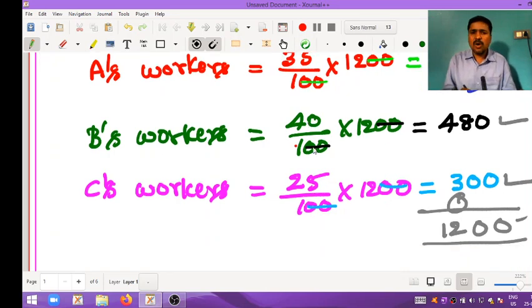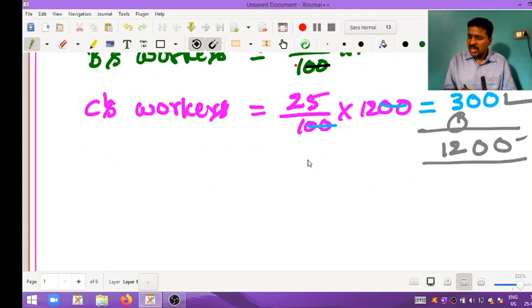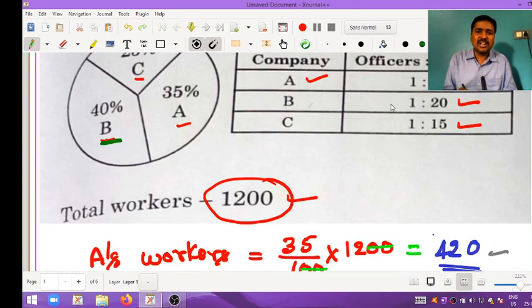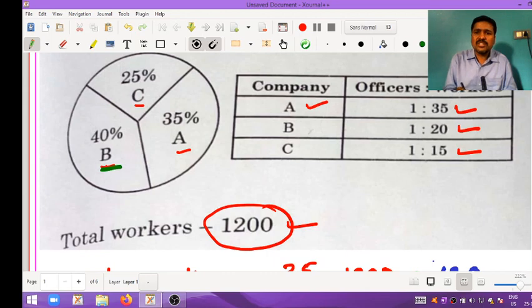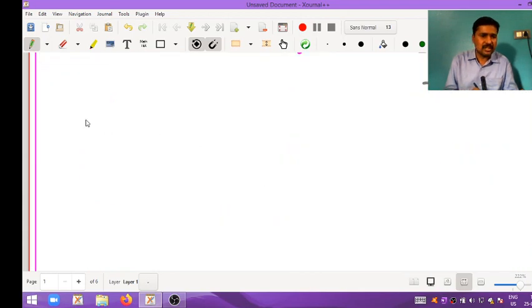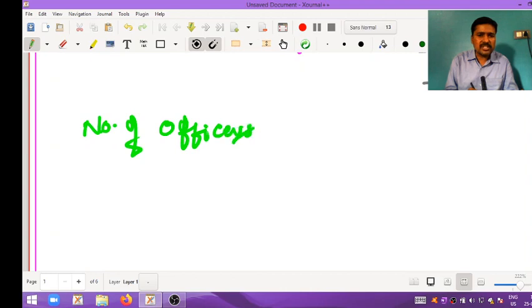Now similarly, we want to find the number of officers also. Here the officers and workers ratio is given. Using these ratios we want to find the number of officers.